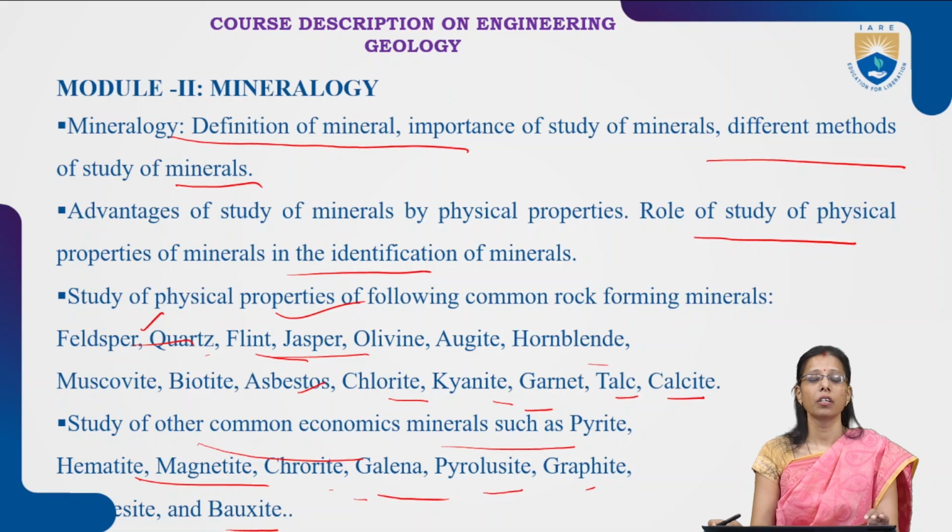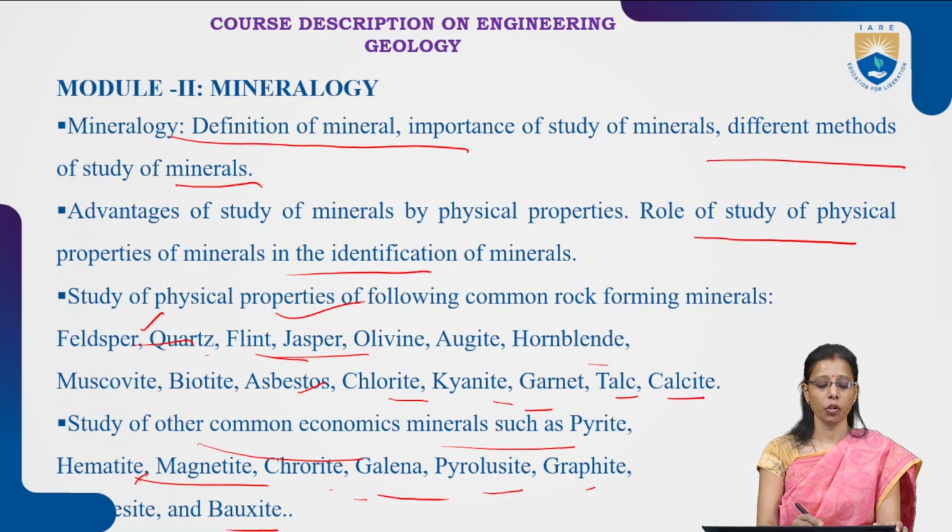Economic mineral means, from an economic point of view, they are very costly, or we use this kind of mineral for industrial purposes, and these economic minerals help make our economy stronger. These minerals are very helpful in the industry, like hematite, from which iron ore is produced, and iron is a mineral used in all the industries.